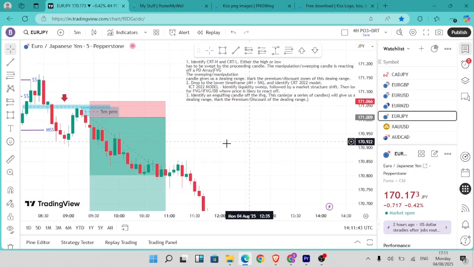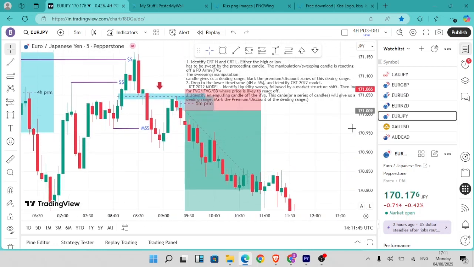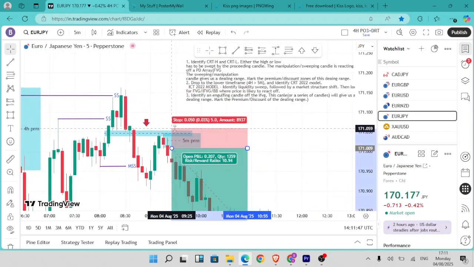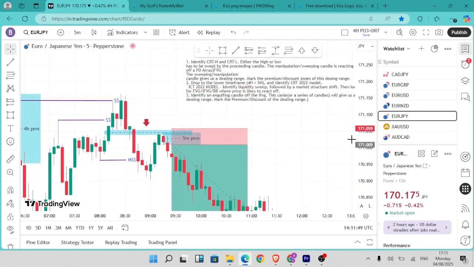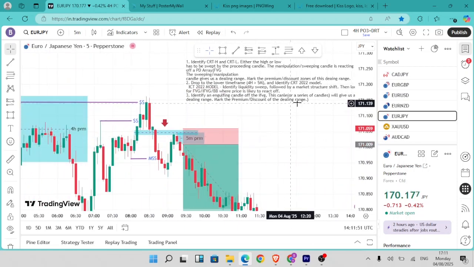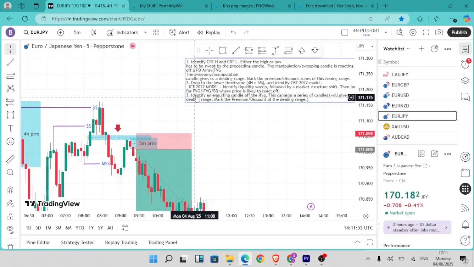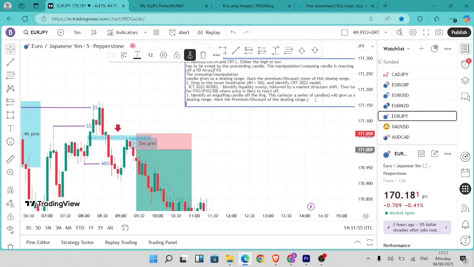And that, guys, is how you take this trade. I did not finish the steps. Go to step number 4. Wait for price to come to the lower time frame premium or discount.